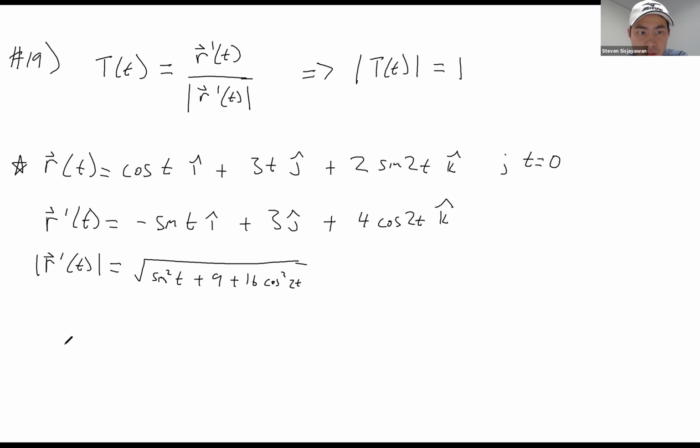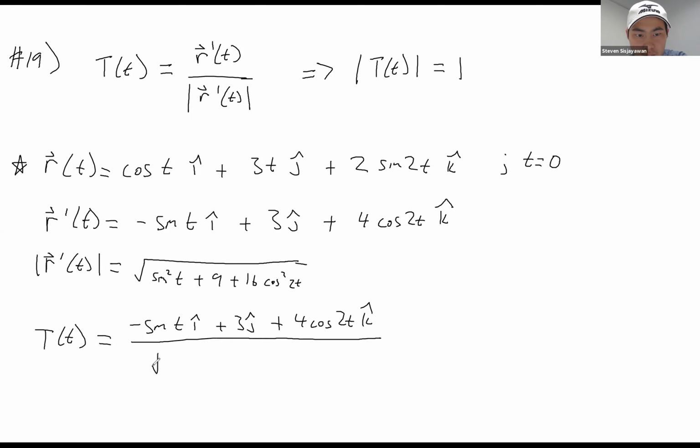Dividing r prime of t by the magnitude of r prime of t, we get T of t, the unit tangent vector, as negative sine of t i hat plus 3 j hat plus 4 cosine 2t k hat, all over the square root of sine squared t plus 9 plus 16 cosine squared 2t.